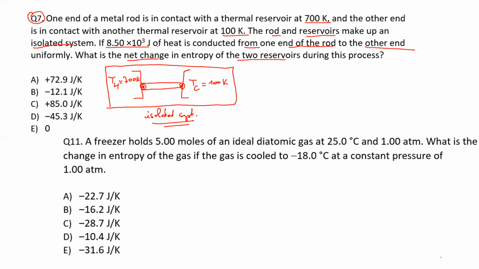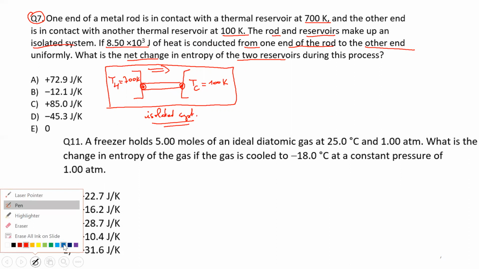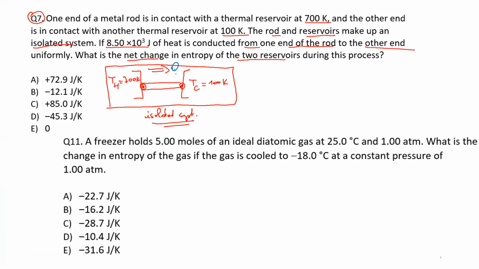Now there is an amount of heat. Let me write it with another color here. So Q is the amount of heat conducted from the hot end to the cold end, and Q here is equal to 8.5 times 10 to the power of 3 joule.